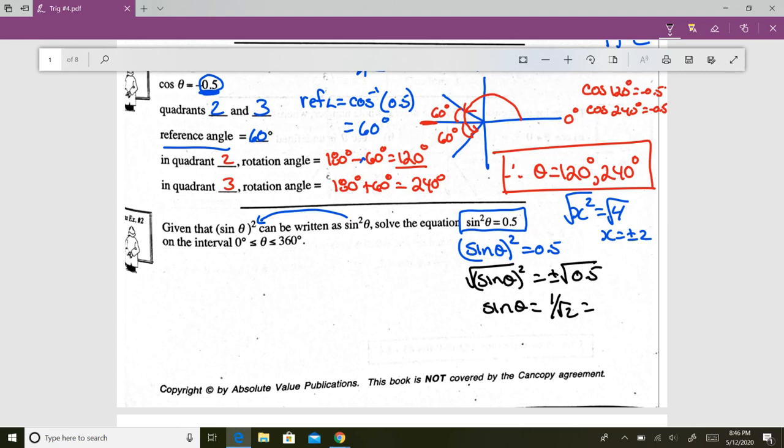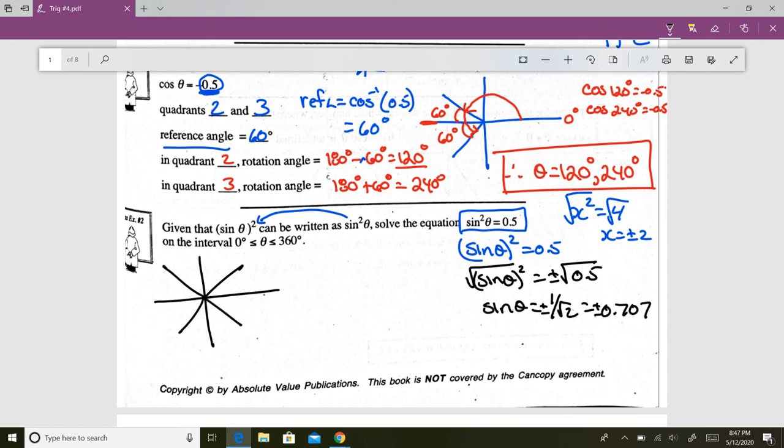Automatically, that is 0.707. And it's plus minus, remember, plus minus. So we draw our little quadrant system. Remember, the signs tell you which quadrants you're in, but because we're positive and negative, you know you are in all 4 quadrants.